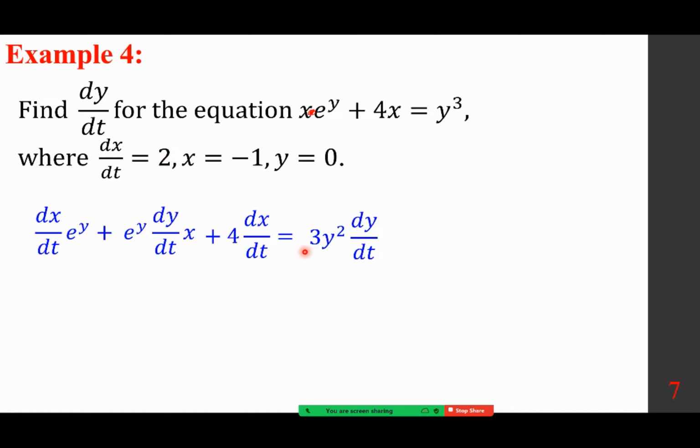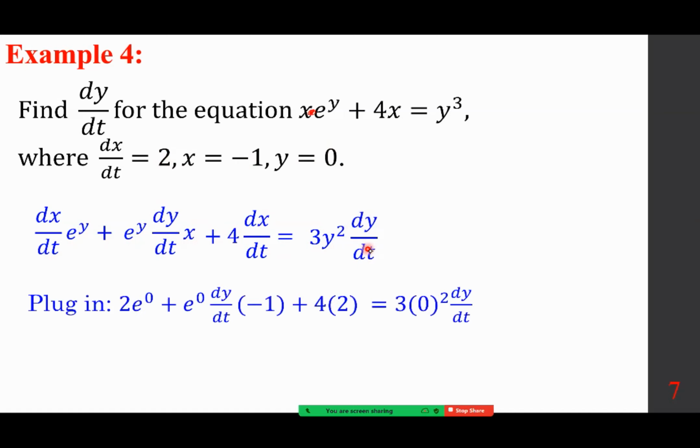Right side, 3, y is 0, square it, dy dt is missing. So we just plug in everybody. And let's observe.